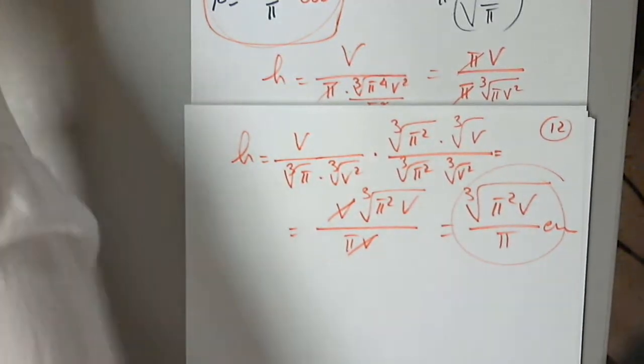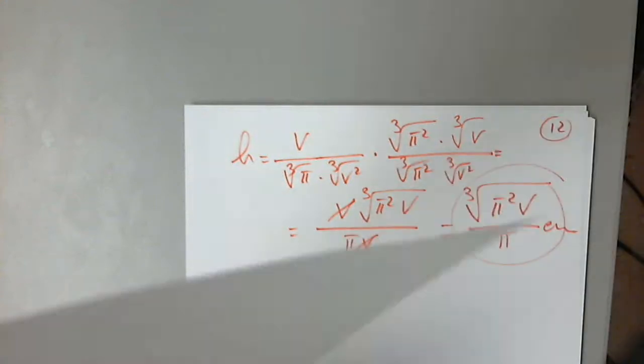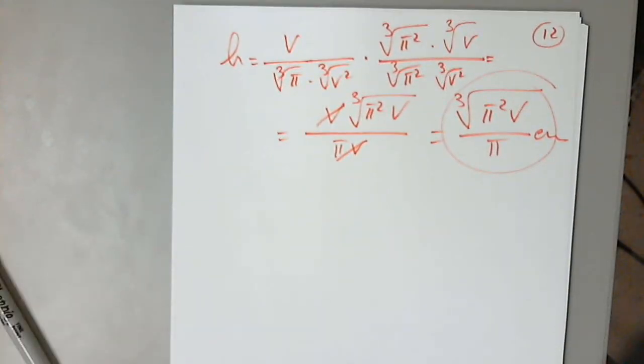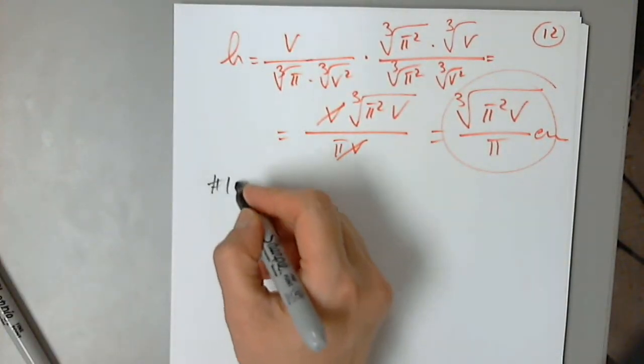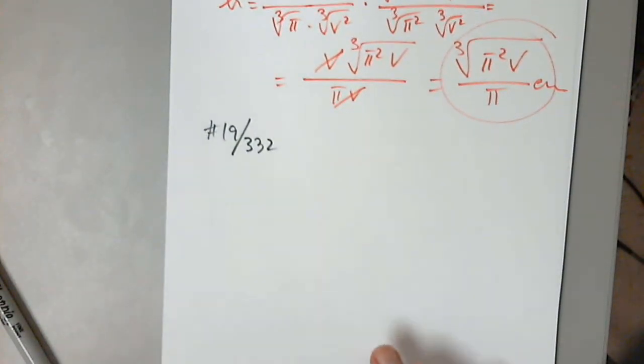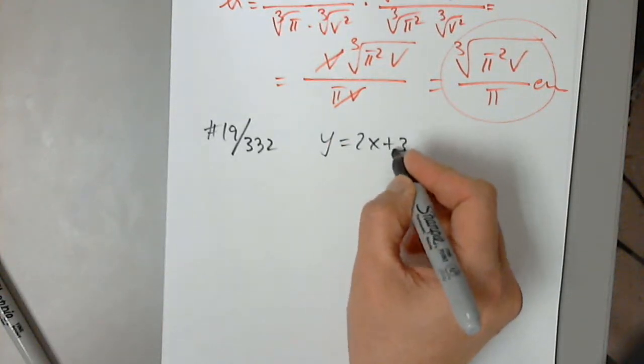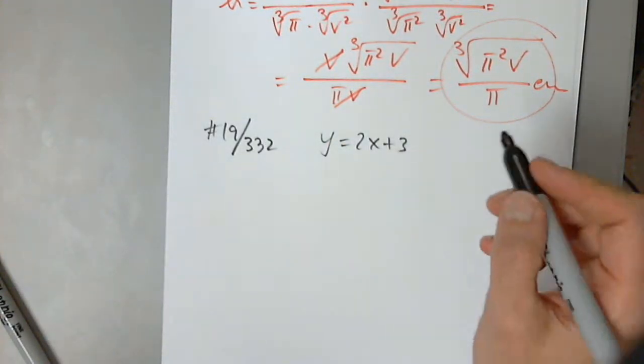Okay, the first one, 19. Let's take a look at 19, page 332. Find a point on the line y equals 2x plus 3 that is closest to the origin.